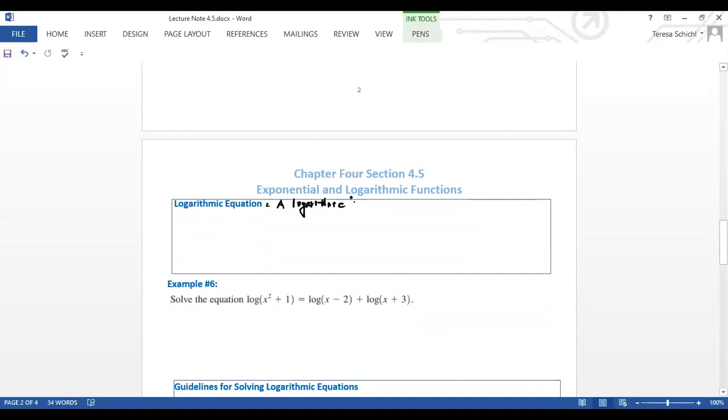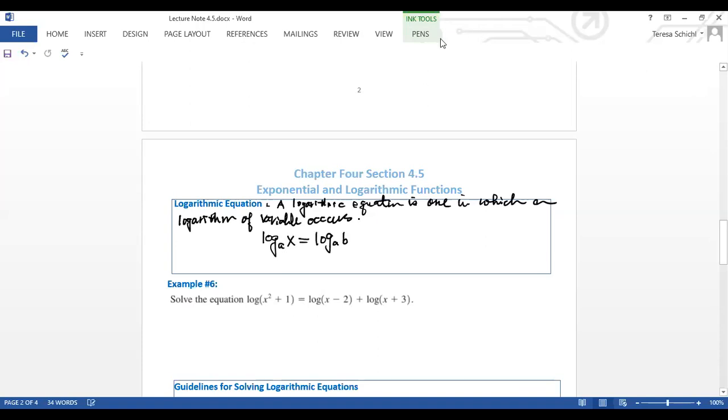A logarithmic equation is one in which a logarithm of the variable occurs. Just like the exponential. So if you have log equations, it's the same idea here, right? So if you have log base a of x equal to log base a of y, okay?